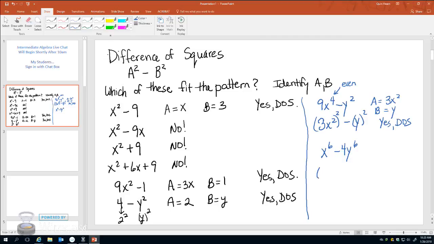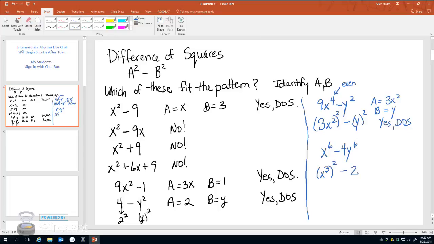So what power of x could you raise to the 2nd power in order to get x to the 6th? Remember, when you raise a power to a power, you multiply the exponents. So whatever is going here has to be multiplied by 2 to give you 6. That would be 3, right? So this would be x cubed squared, and this is a perfect square.